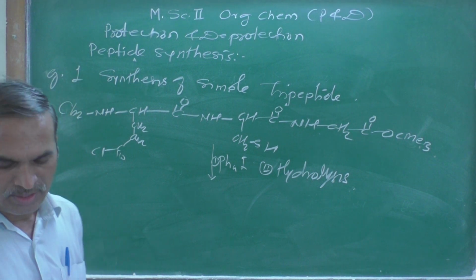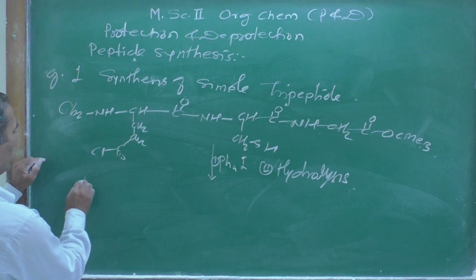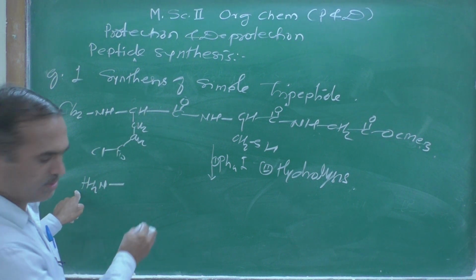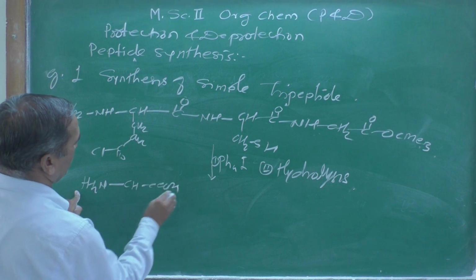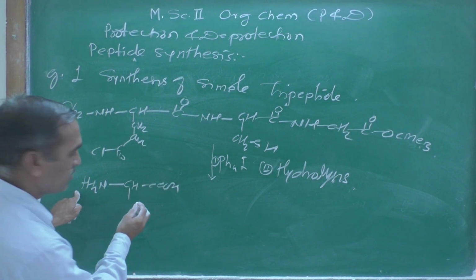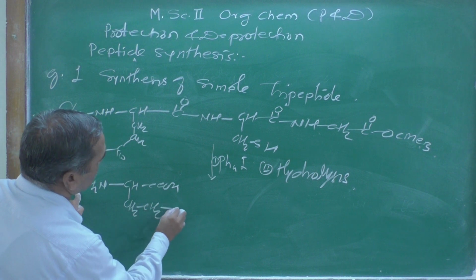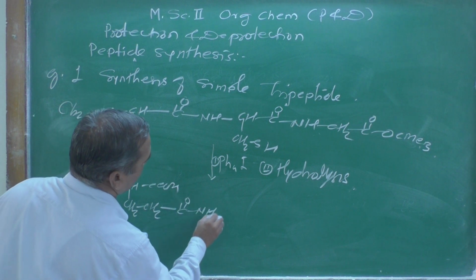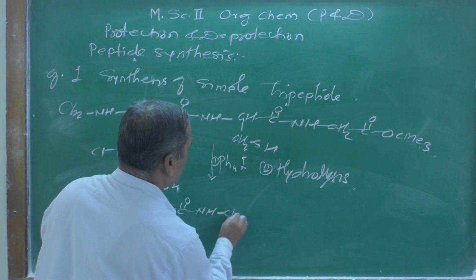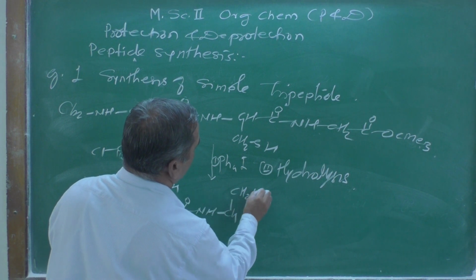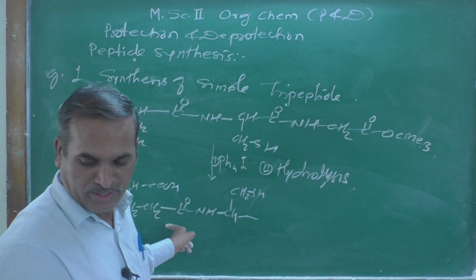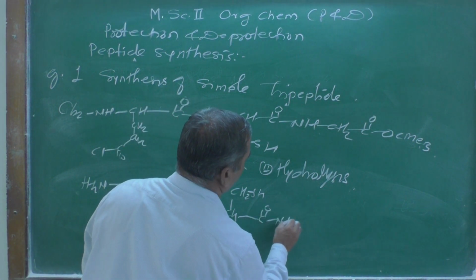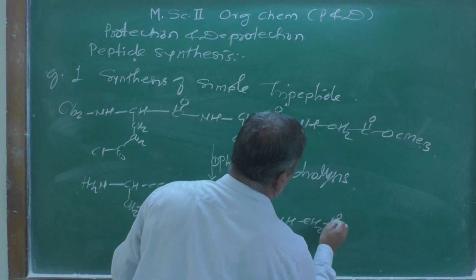You are going to get the final product, which is H2N, then this one COOH, then CH2, then C double bond O, NH, then CH2SH, and then finally C double bond O, NH, CH2, C double bond O, OH.